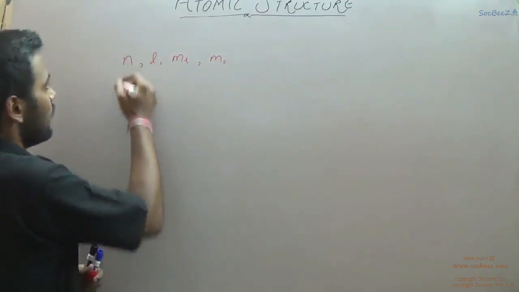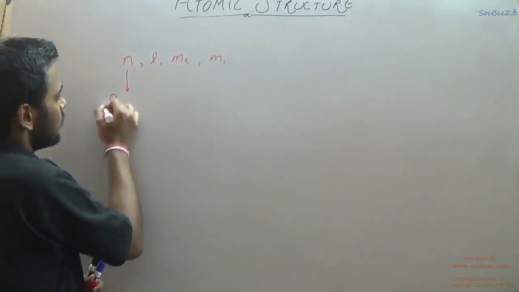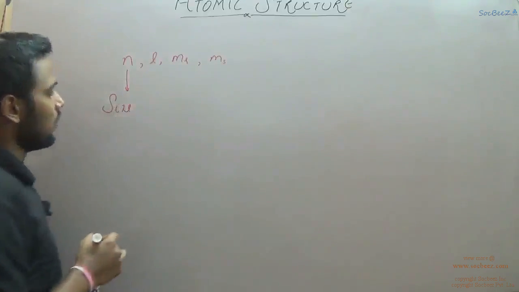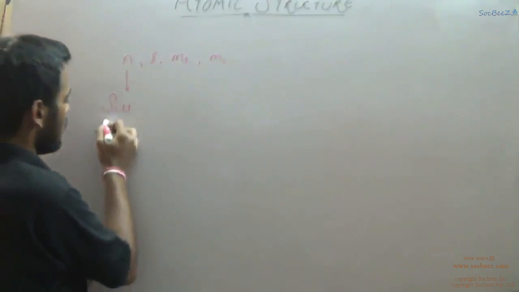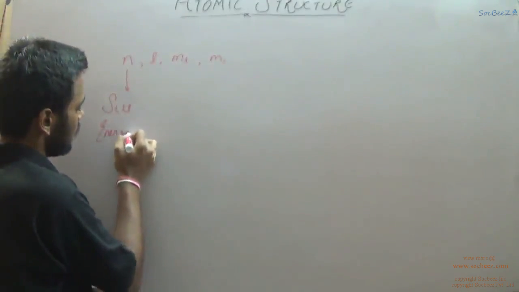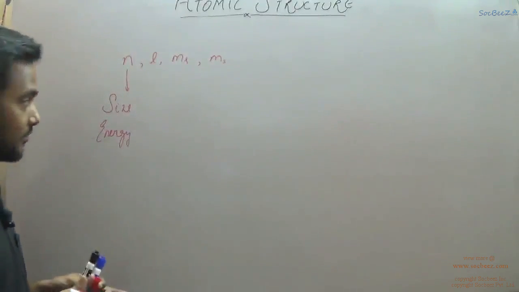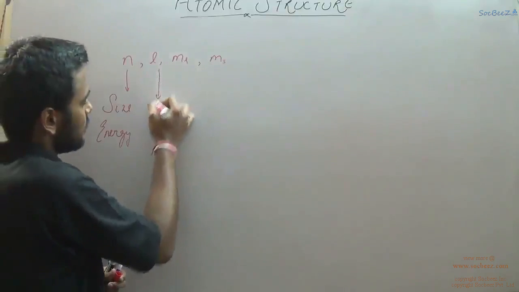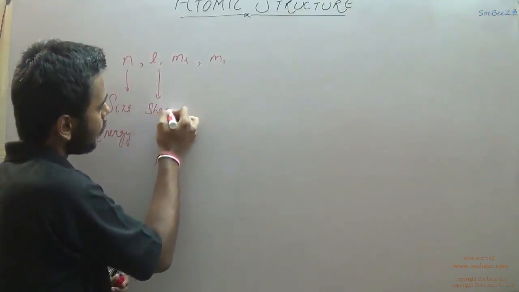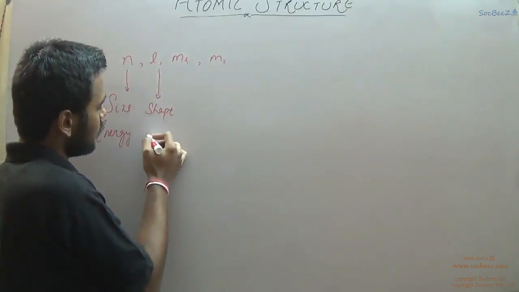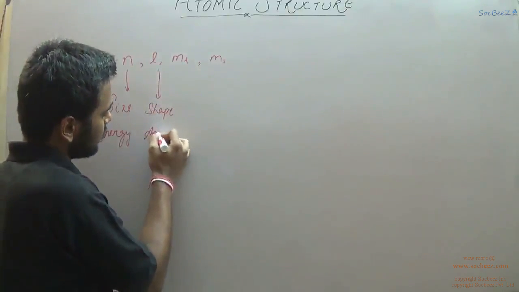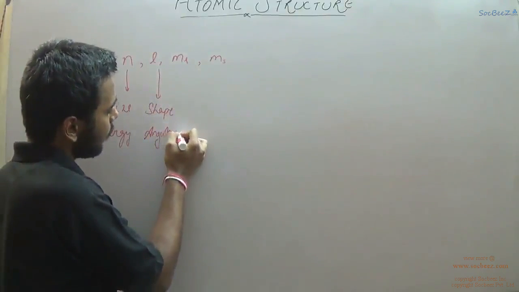We discussed that n tells a lot of things about size and most of the things about energy of an electron. l tells us about the shape and also about the angular momentum of an electron.